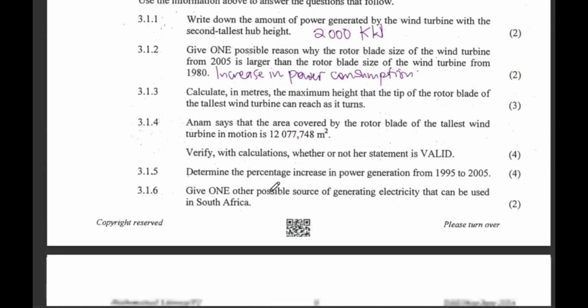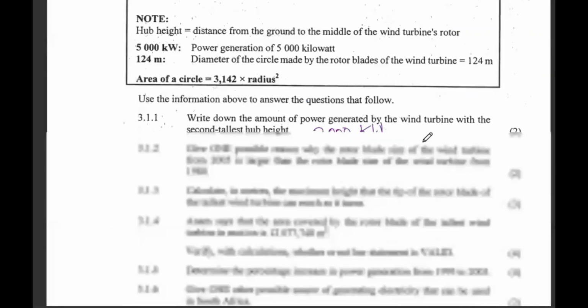Okay, we come to 3.1.3. Calculate in meters the maximum height that the tip of the rotor blade of the tallest wind turbine can reach as it turns, the distance it can reach.